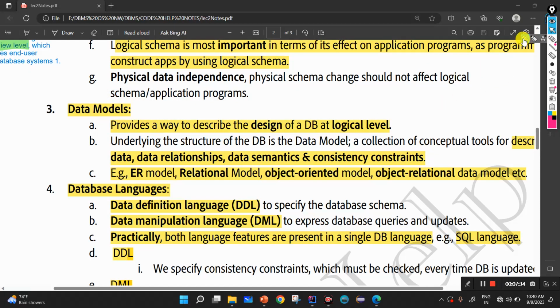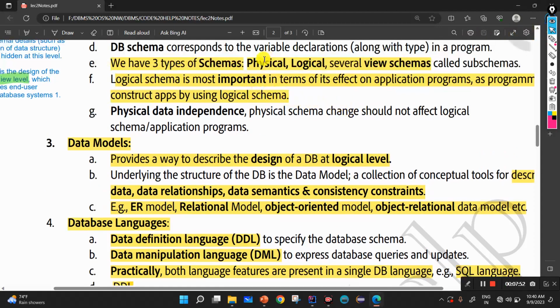Now the third thing is data models. What is a data model? If someone asks you, you have to answer that a data model provides a way to describe the design of the DB. Before data models, we studied schemas.